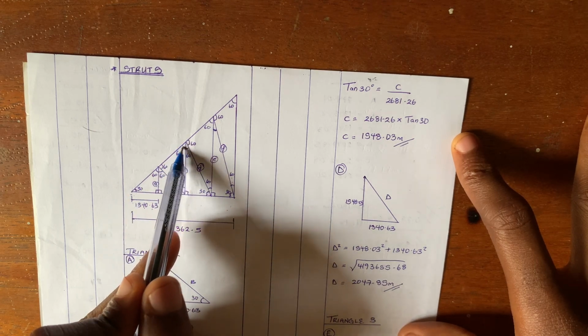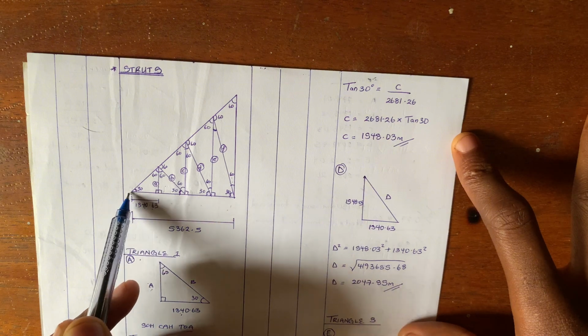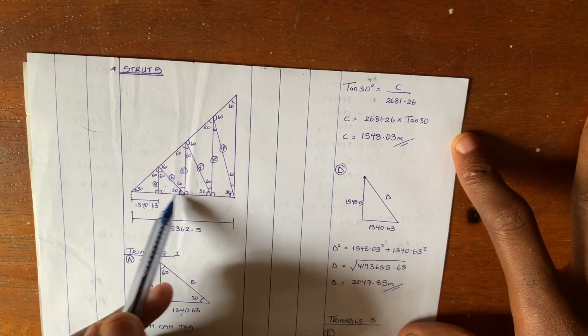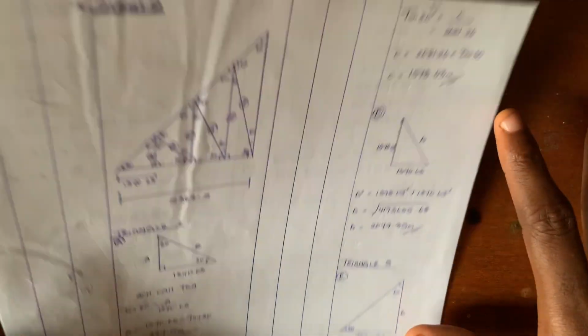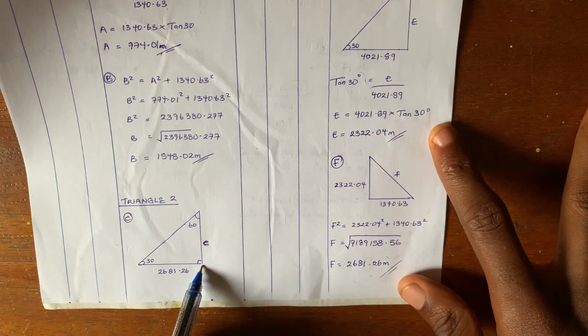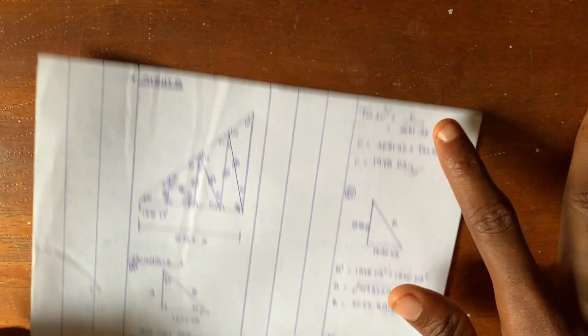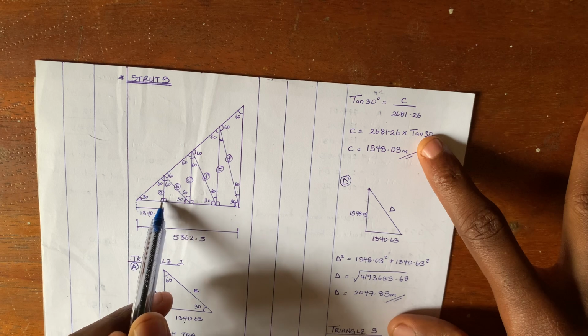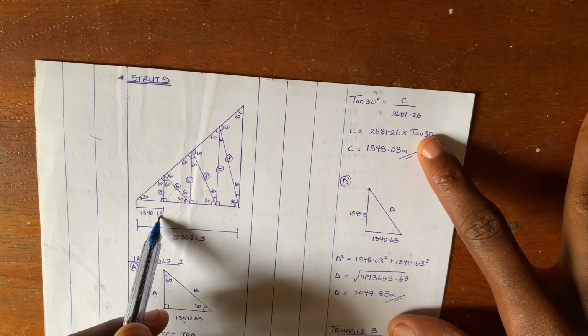So I want you to watch my hand to see how I'm taking the triangle. This triangle is what I am going to be cutting out, and that is what I did here. How did we get the distance for this triangle here? If you look at this, from here to here is 1340.63.